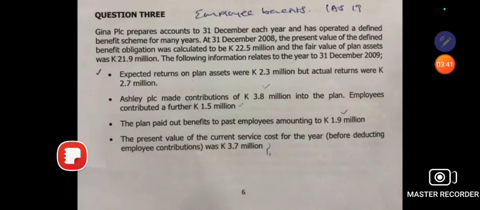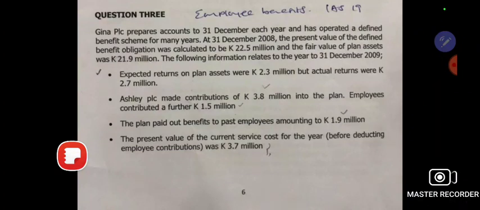So let's start with picking the things that will be found under the present value of the obligation. Of course, take note from the opening paragraph that it tells us that as of 31st December 2008, the present value of the defined benefit obligation was calculated as 22.5. They have not told us how you know this is the opening balance, because they're using dates. This is why you need to understand whatever accounting period they're looking at, because that's the only way you will know that this is the opening and that is the closing.